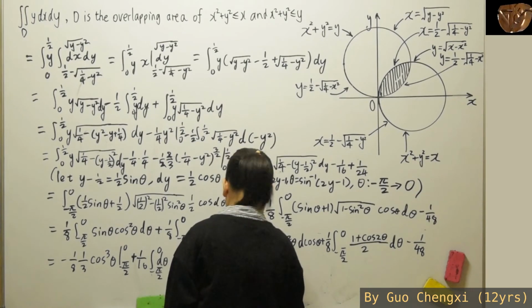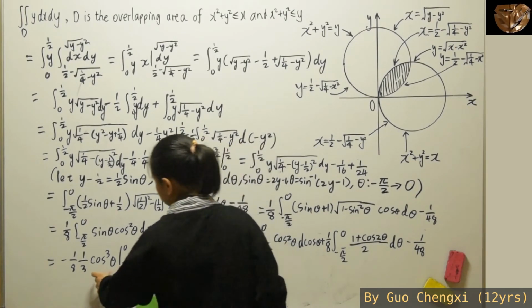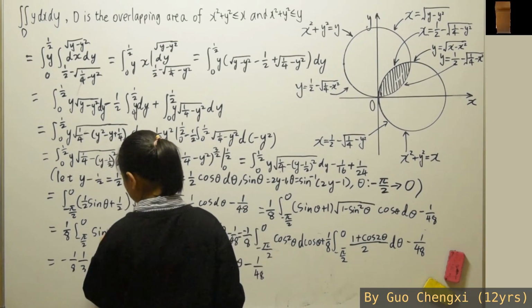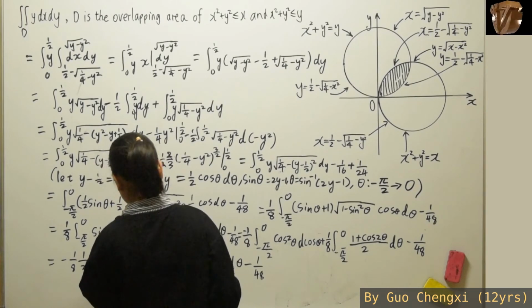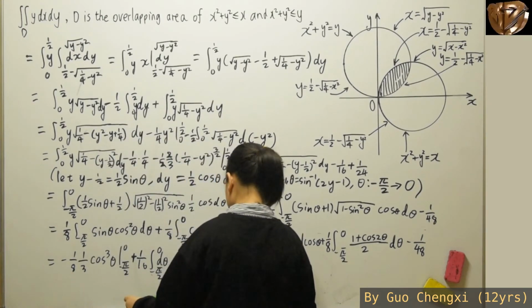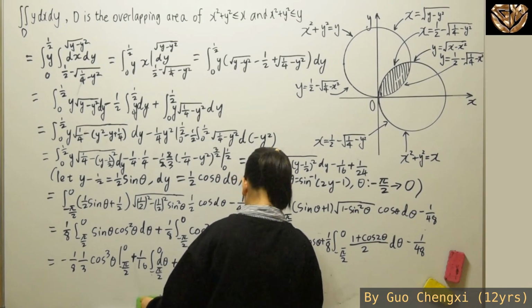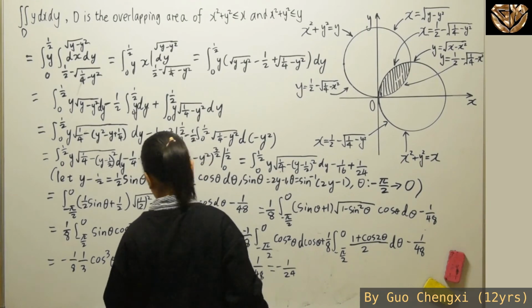And now we can integrate these two terms and substitute the boundary inside. So when you substitute 0 inside, what you're going to get here is going to be 1. So you're going to have a negative 1 over 24 minus this power cosine pi over 2 is 0, so you ignore it.